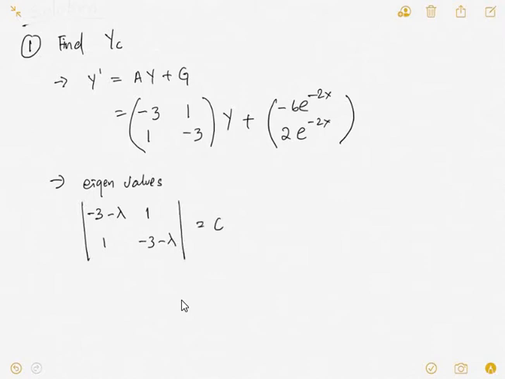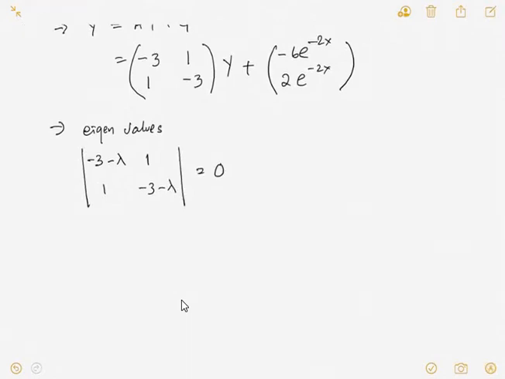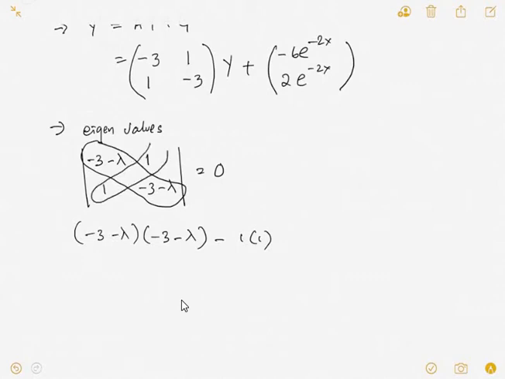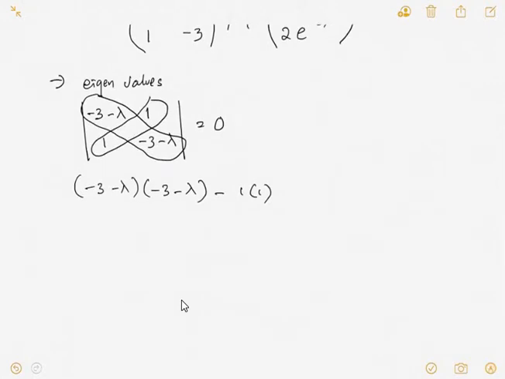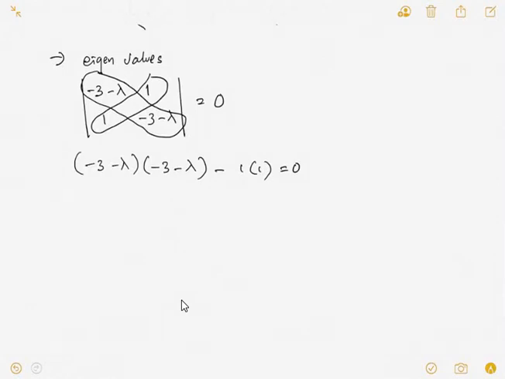Based on this, you can find the eigenvalues: negative 3 minus lambda multiplied by negative 3 minus lambda, minus 1 times 1. Multiplying, you get 9 plus 3 lambda plus 3 lambda plus lambda squared, minus 1 equals 0.